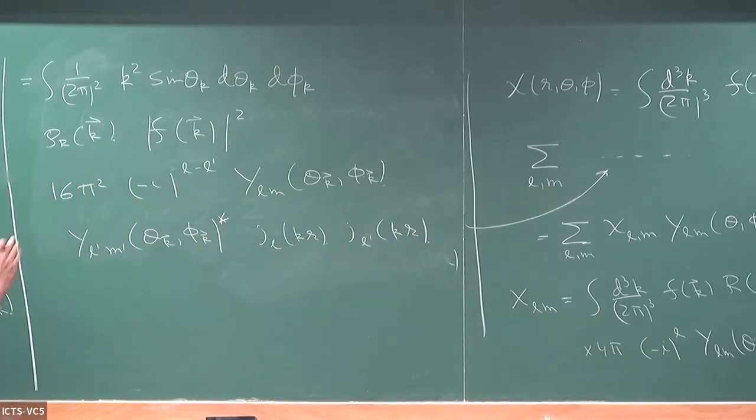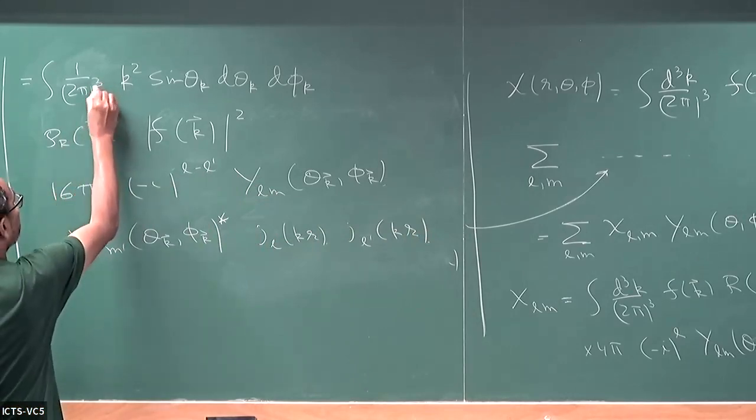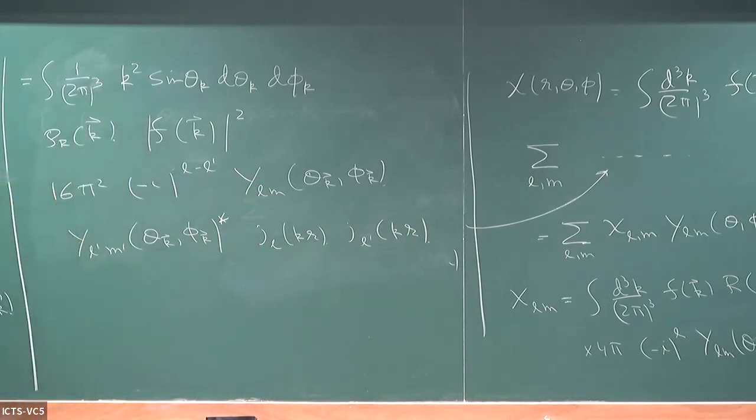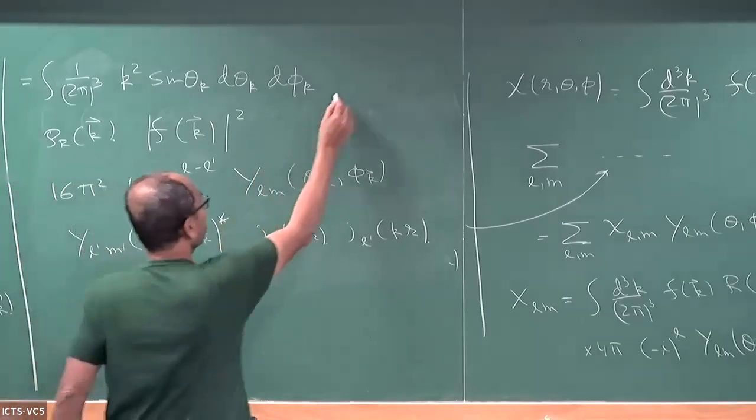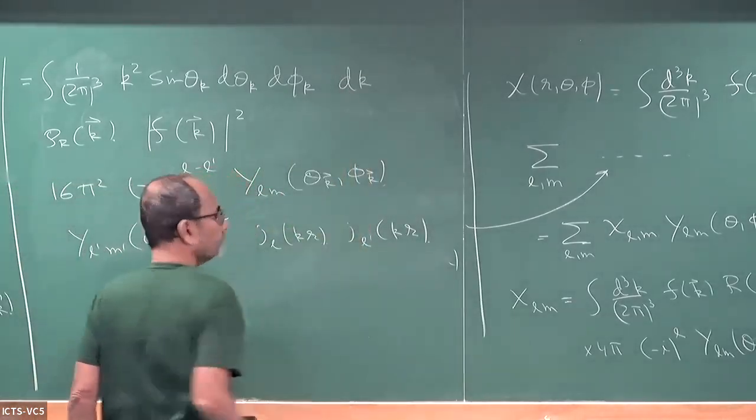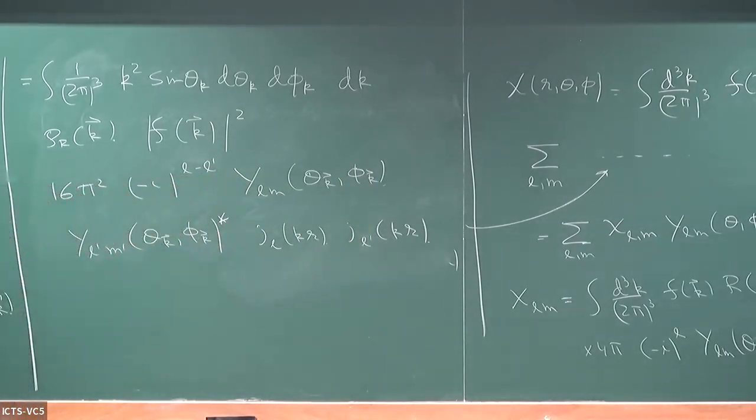1 by 2 pi cube. Thank you. Integrating over k also, yes, thank you. Now we use the fact that, because of the rotational invariance, we expect this object to be a function of the magnitude of k only.